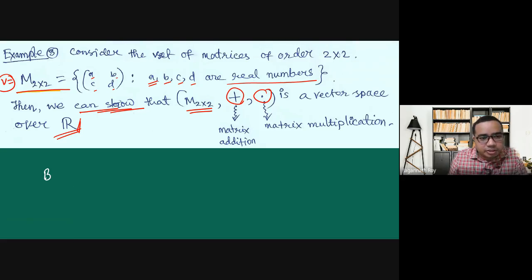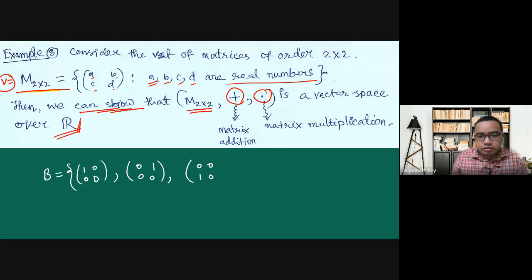The basis for this particular vector space is 1, 0, 0, 0; 0, 1, 0, 0; 0, 0, 1, 0; and the final one is 0, 0, 0, 1.